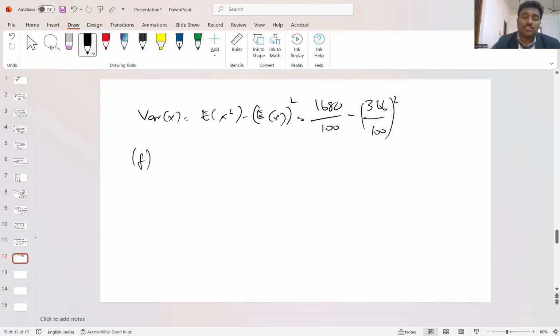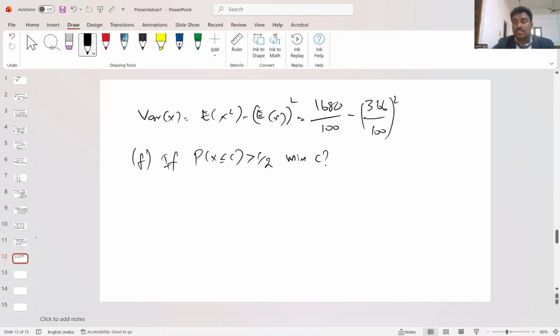And the last one we have is: if the probability of x less than or equal to some value C is greater than 1 by 2, then what is the minimum value of C?